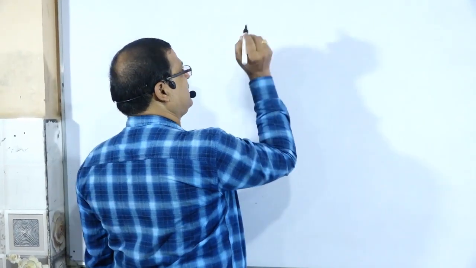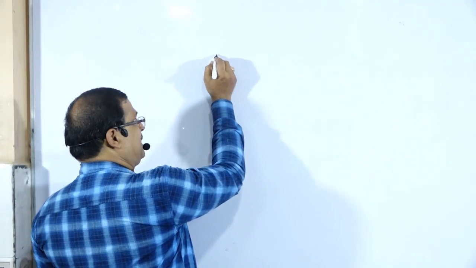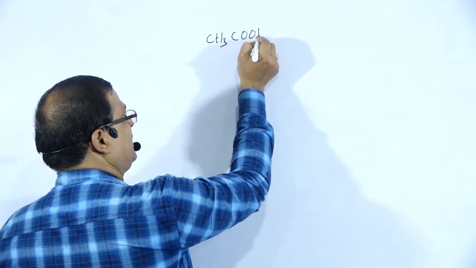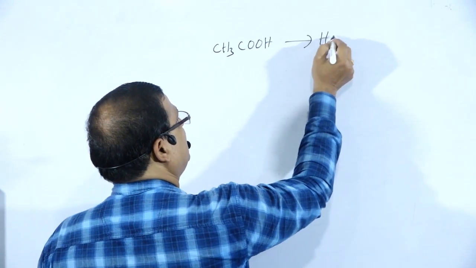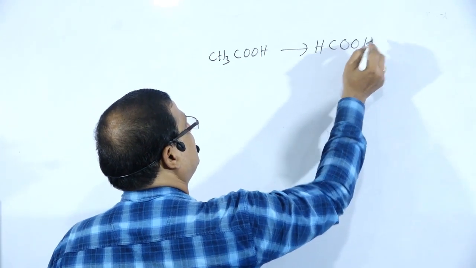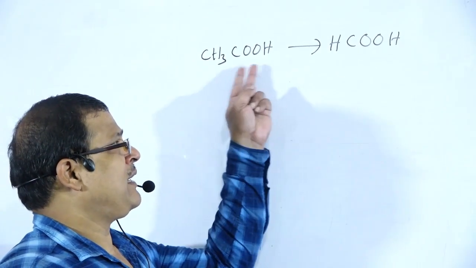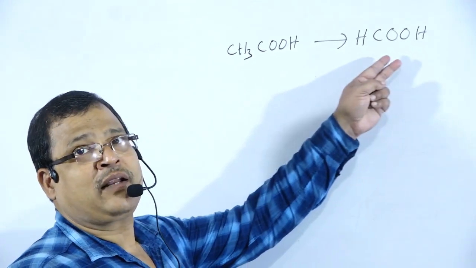How to convert acetic acid to formic acid and formic acid to acetic acid. For example, acetic acid CH3COOH is converted to formic acid HCOOH. How is this conversion done? Just mark it: there is a decrease of a carbon atom.